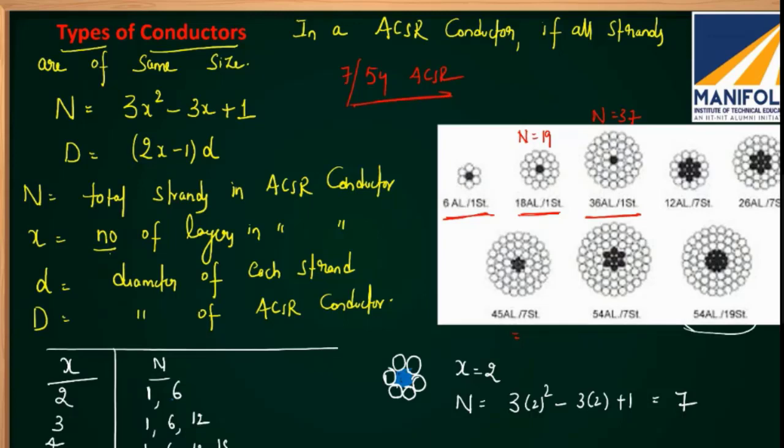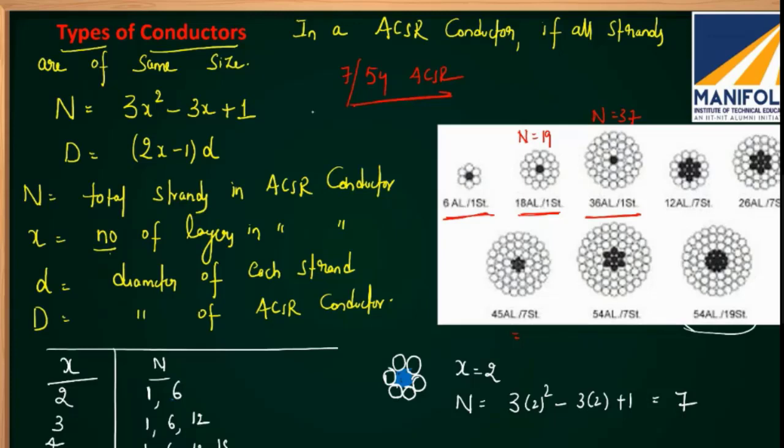Either it can be right side or left side, it doesn't matter. The lowest number is steel strands, the highest number is aluminum strands. The total strands is the sum of these two. So 7 bar 54 ACSR is an ACSR conductor containing 61 strands, out of which 7 are steel strands, 54 are aluminum. Or you can even say the first two layers are steel and the remaining 3 layers are aluminum.